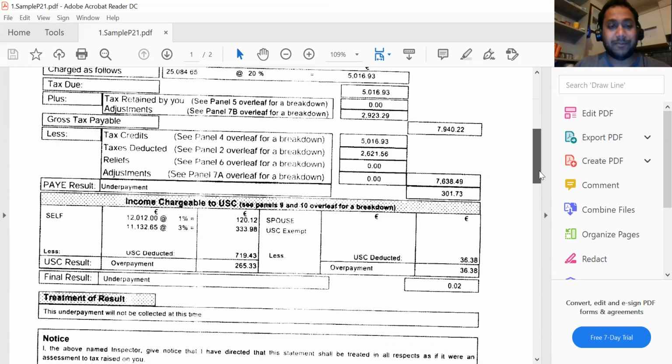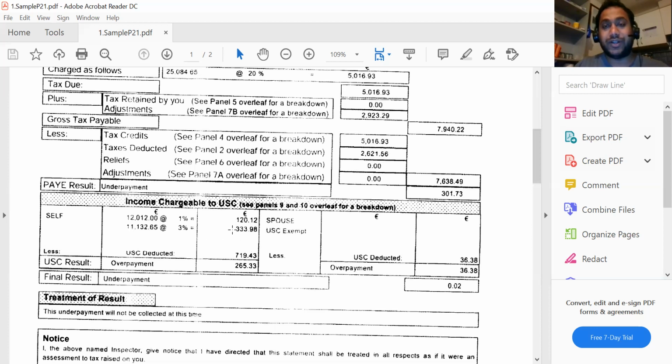Now, if you come back here, this USC section, usually the USC value is 1%, 3% is different. And then even in the new ones, you also find PRSI. On the USC, the USC deducted was 719.43, but he was not supposed to pay that much money.